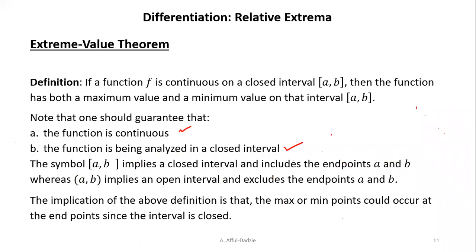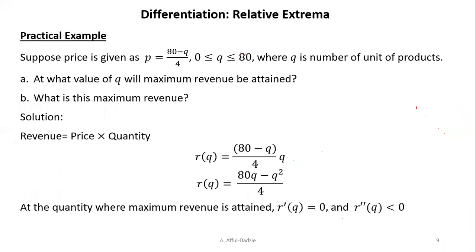Let me take you back a little. Look at the question we solved. The lowest we could produce is 0, and the highest we could produce is 80. But when we found our maximum value, 40, we did not even consider 0 and 80.